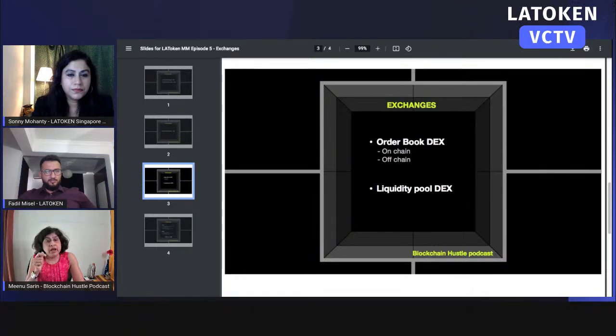And further within the order book DEXs, you have two other categories, two flavors. One of them is called on chain, and the other one is called off chain. So on chain and off chain. So, what is an on chain order book? The on chain order book decentralized exchange is the one which is fully decentralized.